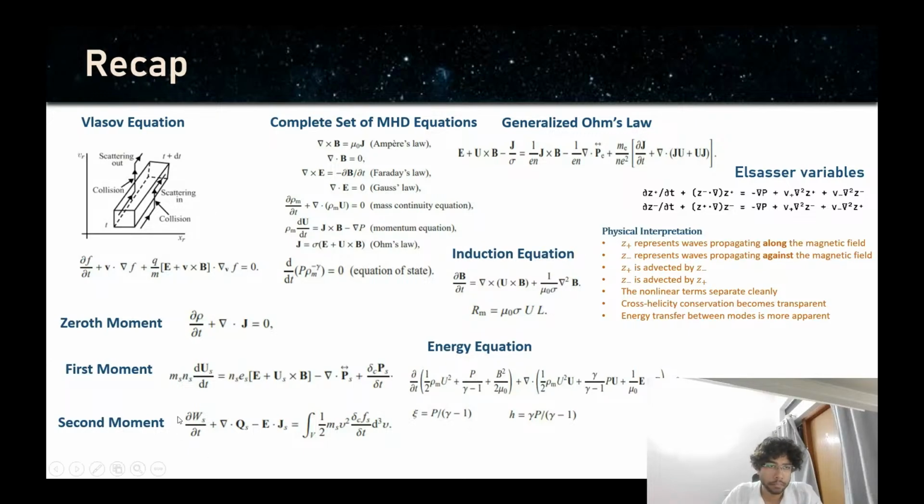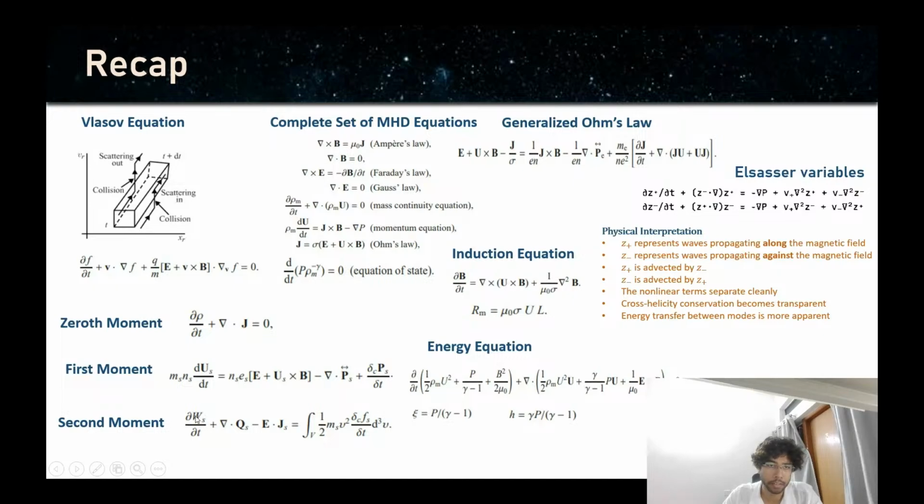The first moment equation gives you the momentum equation. The first term is the dv/dt, similar to what we had in hydrodynamics. Then we also had this del dot P in hydrodynamics, and here we have an additional Lorentz force term. The second moment gives you the energy equation.